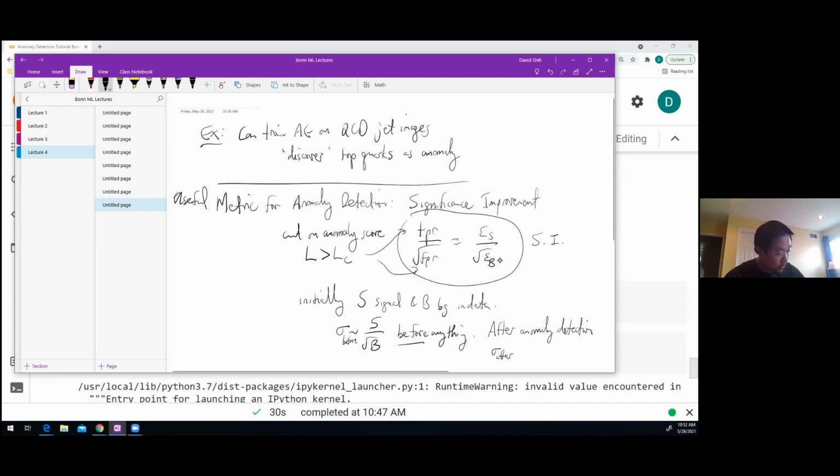The significance after is S over square root of B times TPR, let me write in terms of these efficiencies, nicer to look at, epsilon S over square root of epsilon B, right? So it's sigma before times the significance improvement.